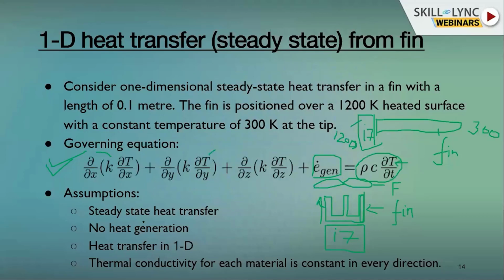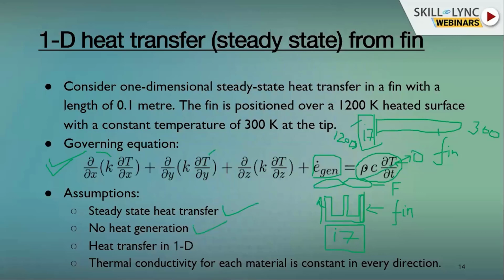So let's simplify this equation, because that's the advantage of being an engineer. We try to simplify the problem so that we can solve it easily. We say it's a steady state. Steady state means no variation with time, so this becomes 0.